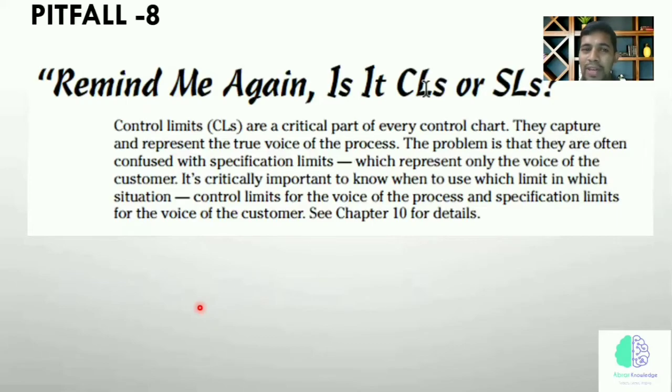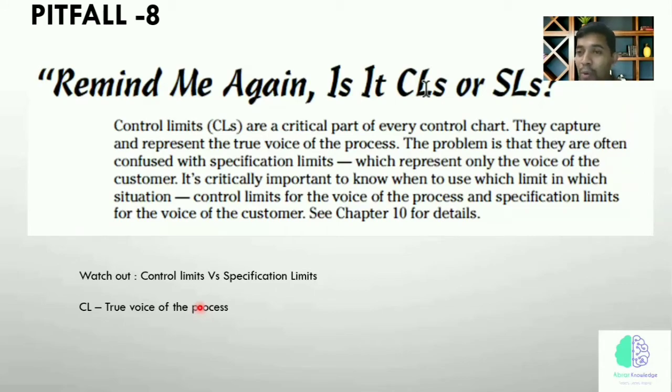Pitfall number eight reminds me again, it is CLs, not SLs, where both are different. Control limits are different and specification limits are different. Control limits are the critical part of every control chart. They represent the true voice of the process.